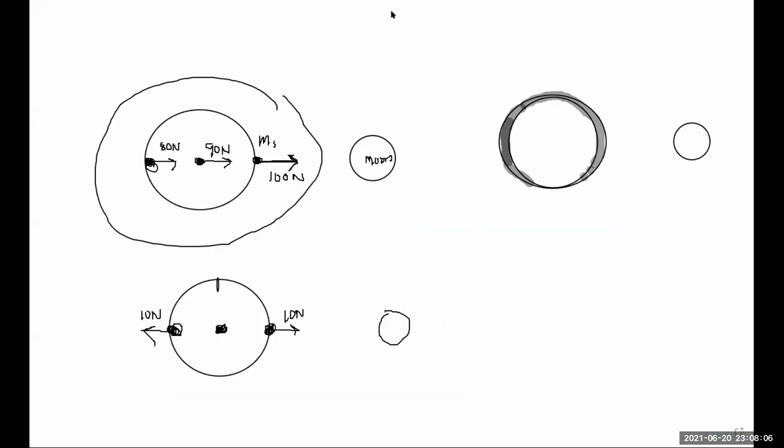So let me erase this so you can see what we're trying to do here. If this is the sun, and this is Jupiter, and this is the moon of Jupiter, then basically if you were standing there, we want to know the attraction of the moon of Jupiter on you, and then the attraction of the sun on you.